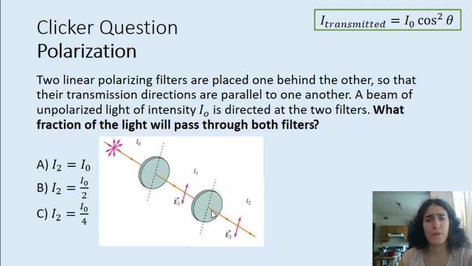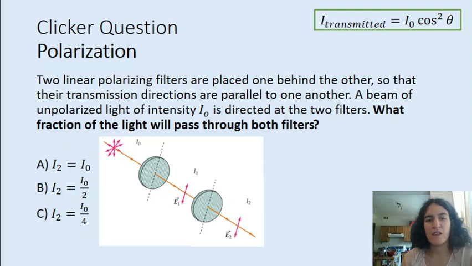Then I'm passing it through another filter, and the intensity here we'll call I sub 2. In this situation, I have two polarizers that are parallel to each other. I can see that the axes of polarization of the two polarizers are lined up side by side, parallel. So it's asking what would be the intensity of light I2 in this situation.